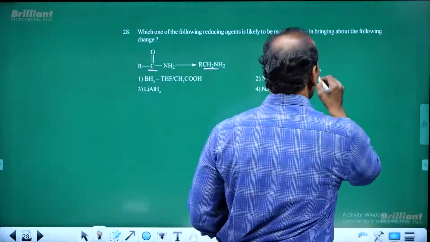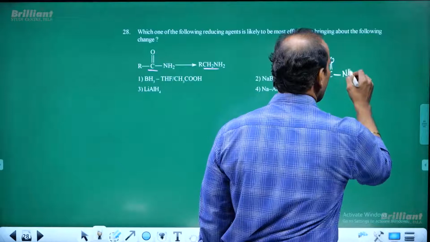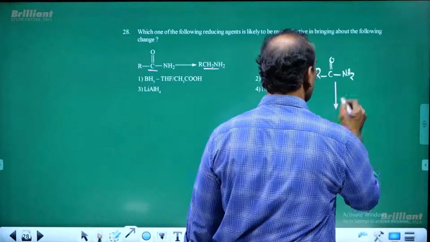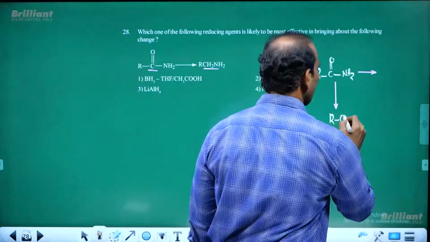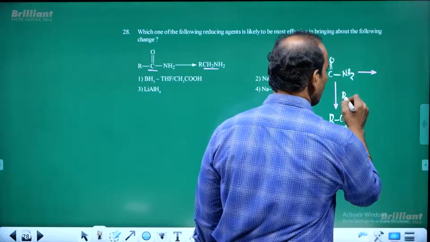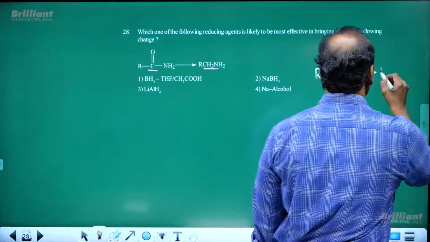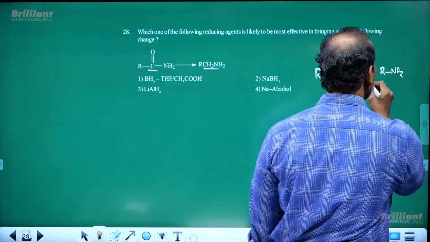One is R C double bond O NH2, the other is RCH2NH2. This is a reduction. Then here RNH2 is a minus 1 descending.